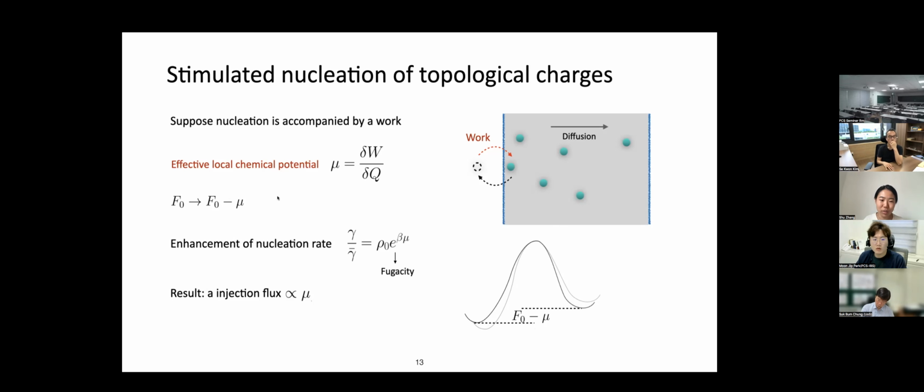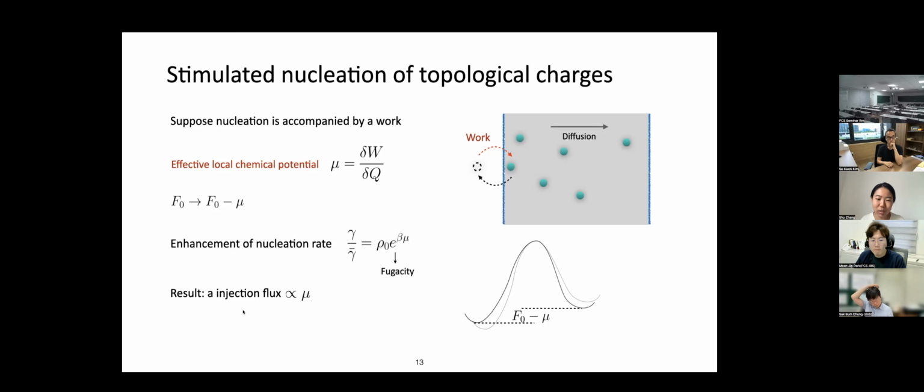And due to this renormalization, there is an enhancement of the ratio between the nucleation rate and escape rate, which gives rise to our familiar fugacity factor, if you think of the topological charges as a gas system.